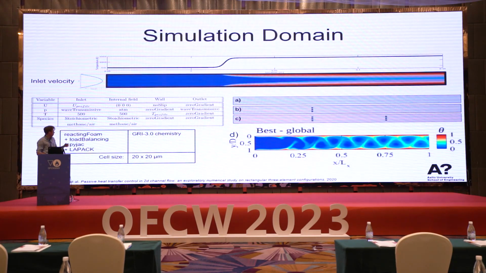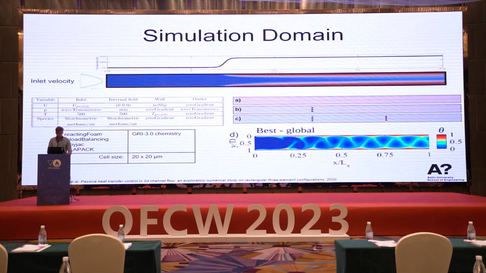At the inlet, I keep a parabolic inlet velocity to not have to involve the boundary layer itself. Here you can see the boundary and initial conditions, but basically we work at atmospheric pressure, and we have a stoichiometric methane-air mixture.